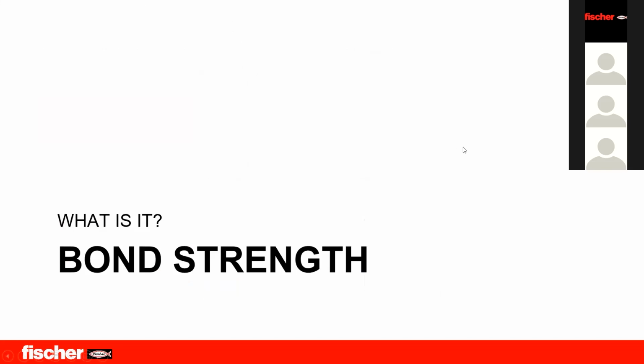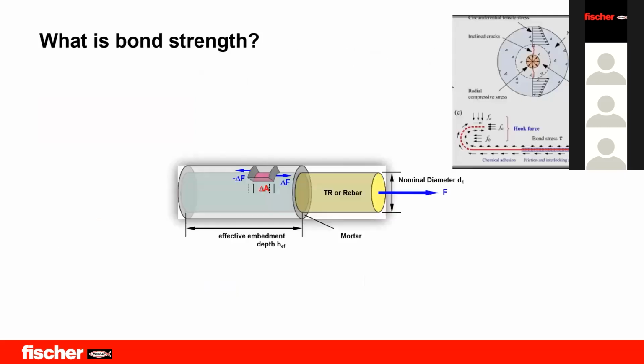Now, here comes the second most important part, which is known as bond strength. I'm sure everyone in the market, in civil engineering terms, has heard about bond strength. As the term defines, it is the most important factor in chemical anchoring, and this is how it differs from product to product. This is the strength of the chemical, where there's a perfect bond between the chemical anchor and the substrate.